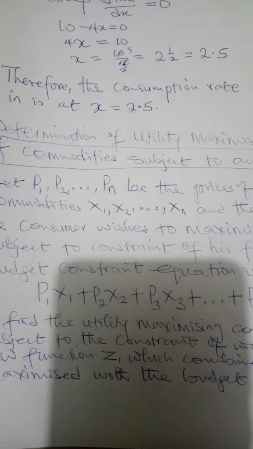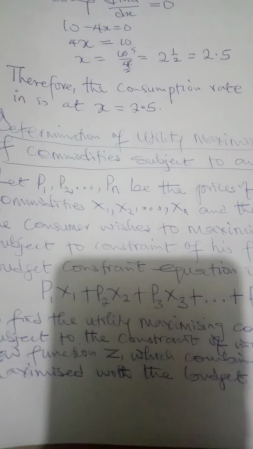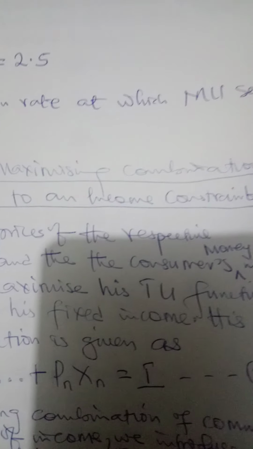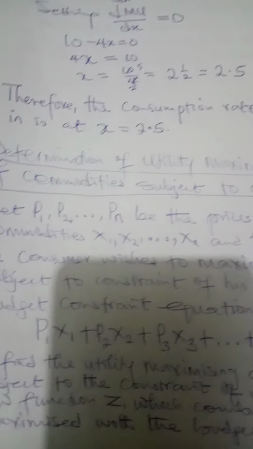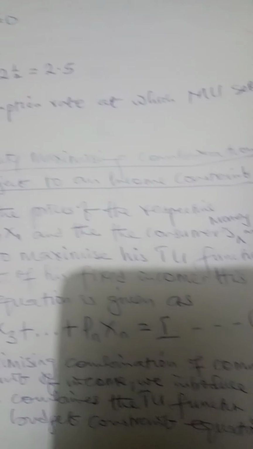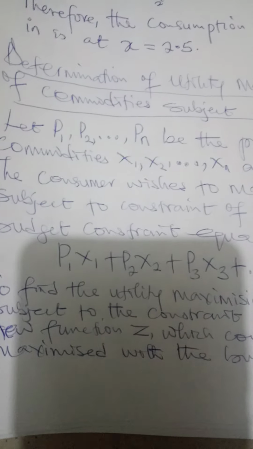Now the next thing we are doing is the determination of utility maximizing combination of commodities subject to an income constraint. So you have seen that.